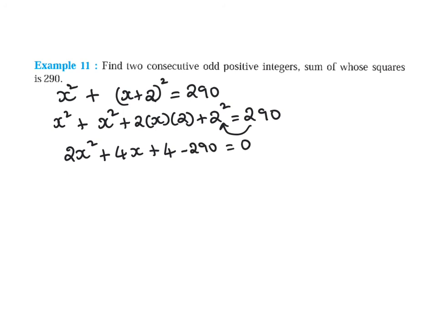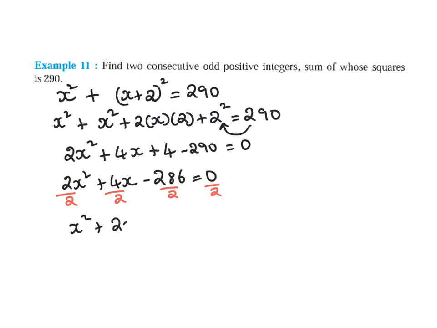So now our equation will become 2x squared plus 4x minus 286 equal to 0. But these are pretty big numbers. The common factor is 2, so we can divide each term by 2. So now we will land up with x squared plus 2x minus 143 is equal to 0.